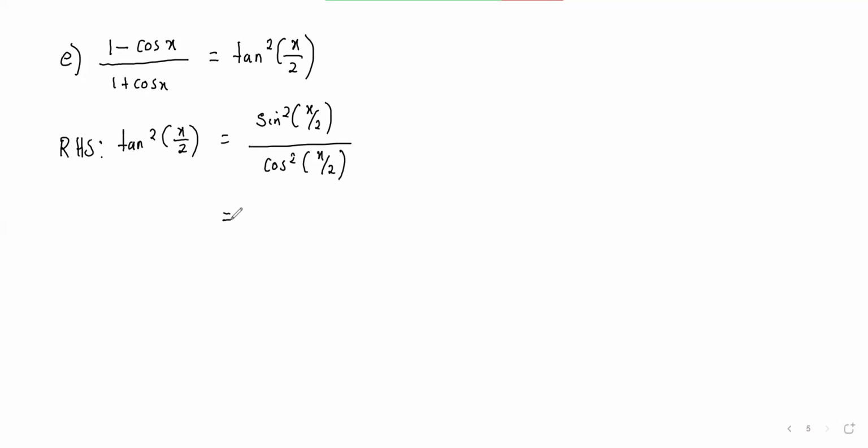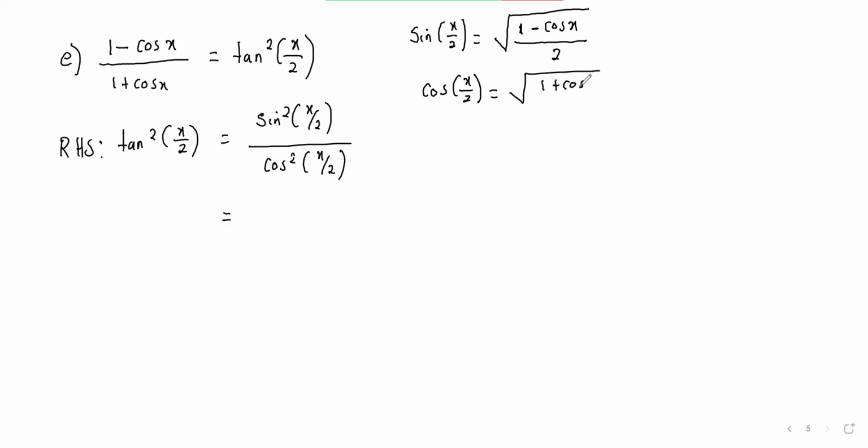But then sin x over 2 is equal to the square root of 1 minus cos x over 2. And then cos x over 2 is the square root of 1 plus cos x over 2.